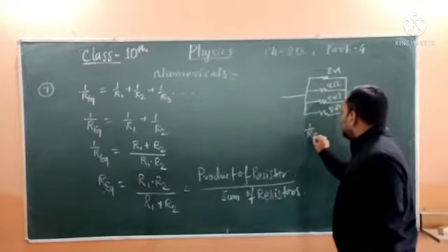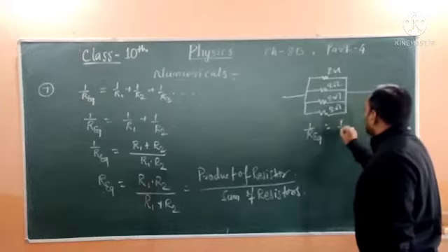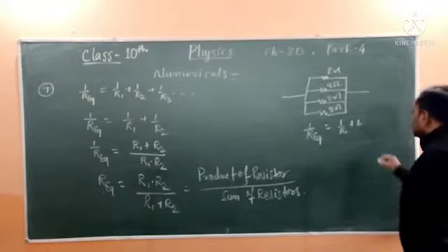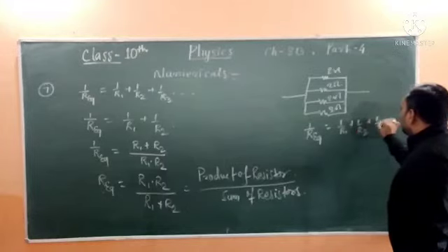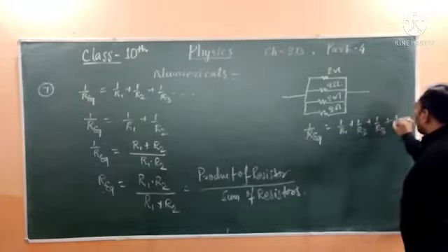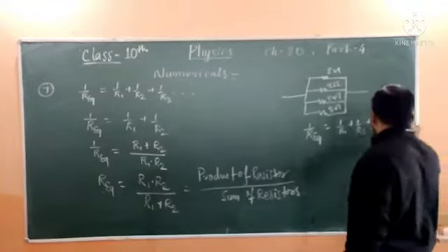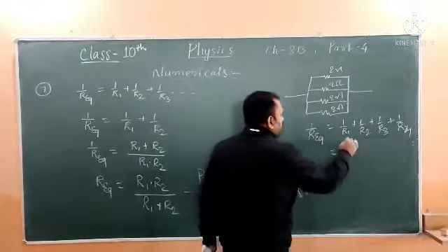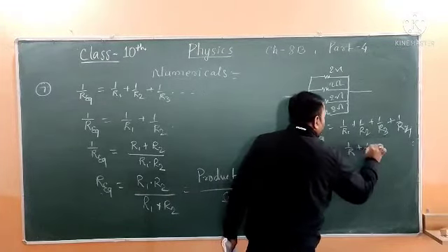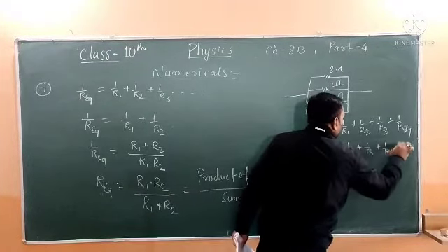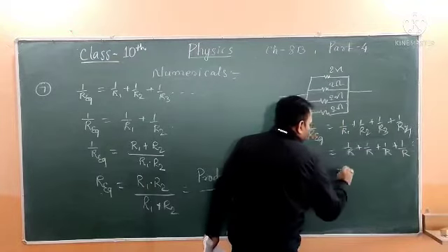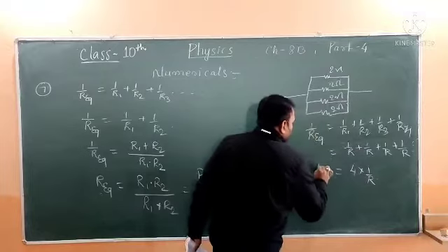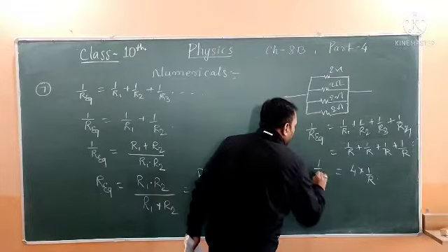As we know that 1 upon r equivalent is equal to 1 by r1 plus 1 by r2 plus 1 by r3 plus 1 by r4. Since there are 4 resistors, and all are equal, it is 1 by R plus 1 by R plus 1 by R plus 1 by R. So what will be their value? 4 into 1 upon R. This will be 1 upon R equivalent.